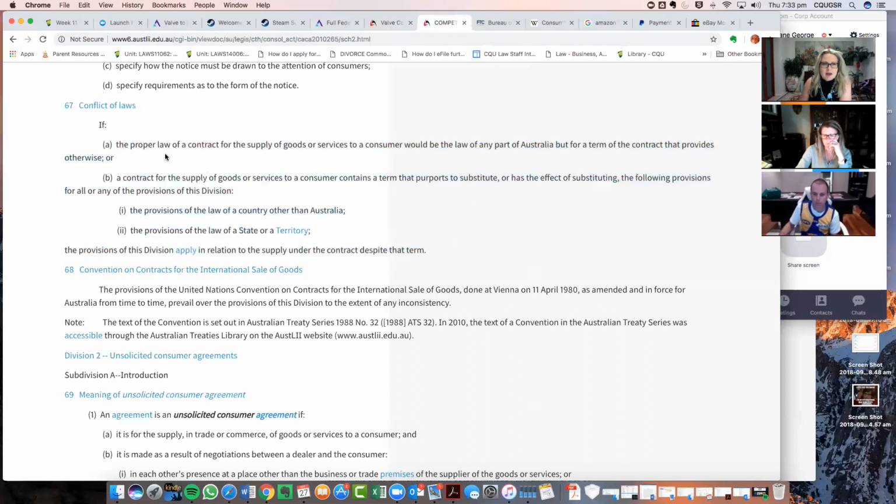So this section here, 67, basically says if the proper law of a contract would be Australia, but a term says it's going to be somewhere else, or if a contract tries to substitute another country's law for ours, the provisions of this division apply.